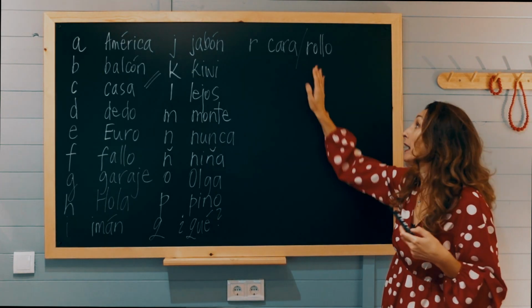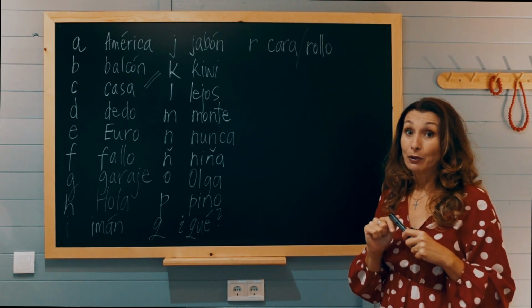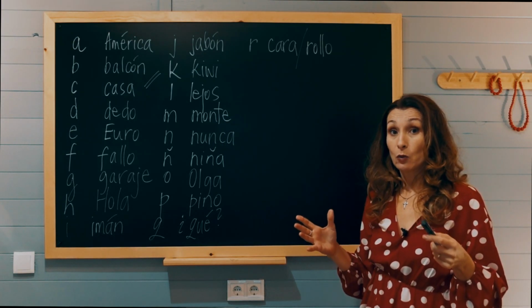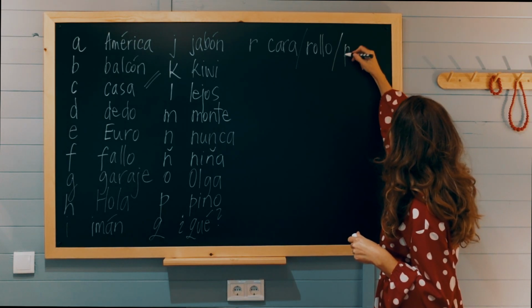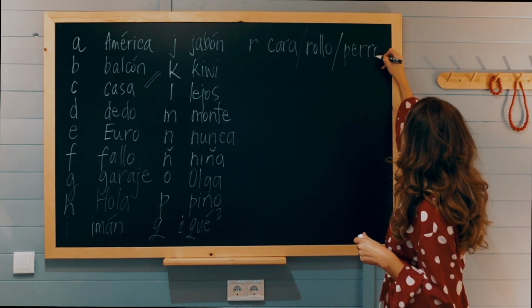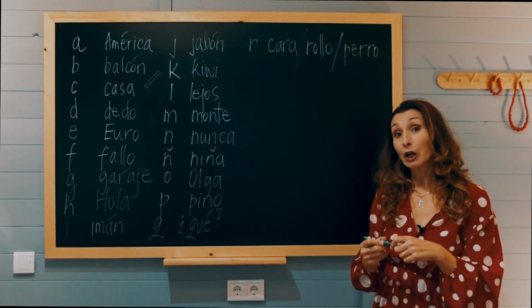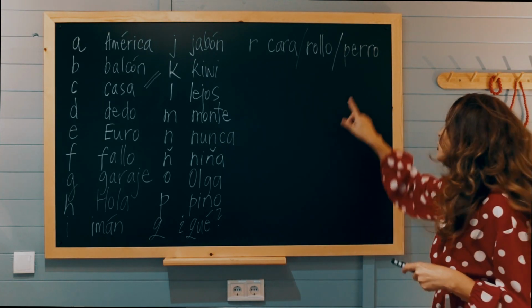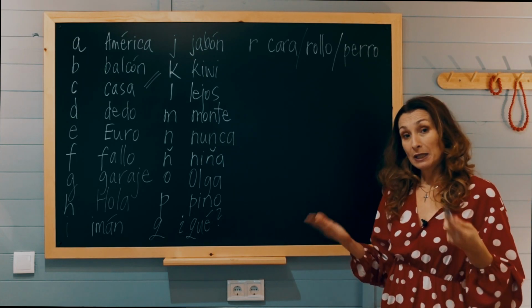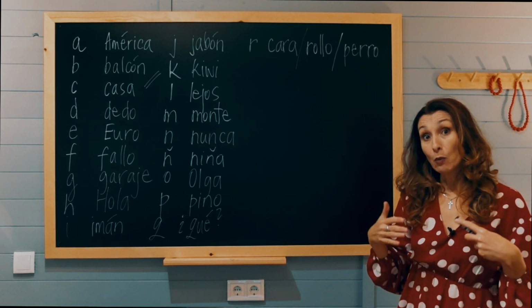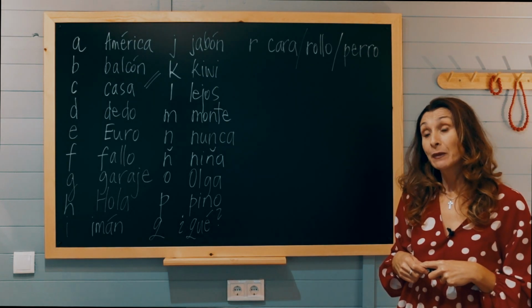Rollo, okay? And of course the same happens if you have a word with a double R, as in perro, okay? Perro is a dog. As you can see, it's a double R, which means you have to roll it even more, make it more pronounced, okay?